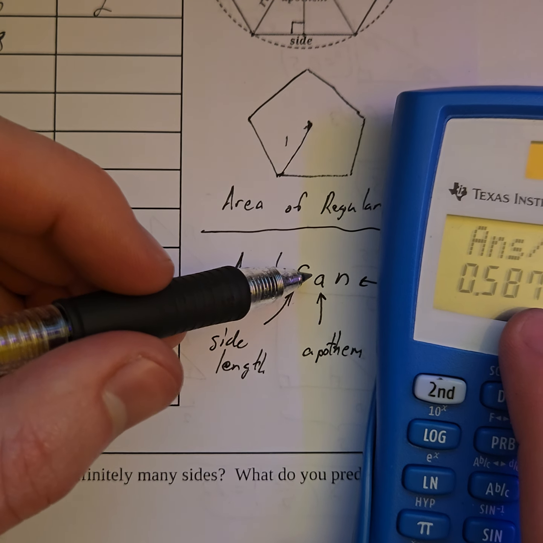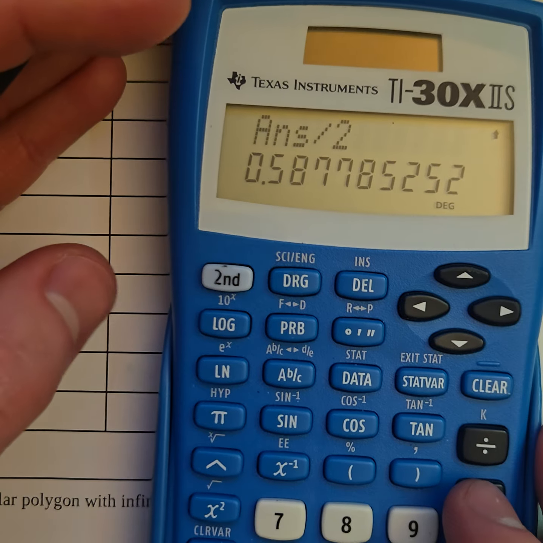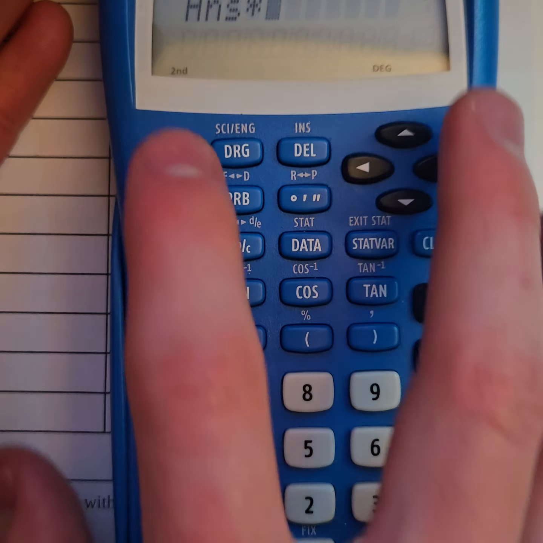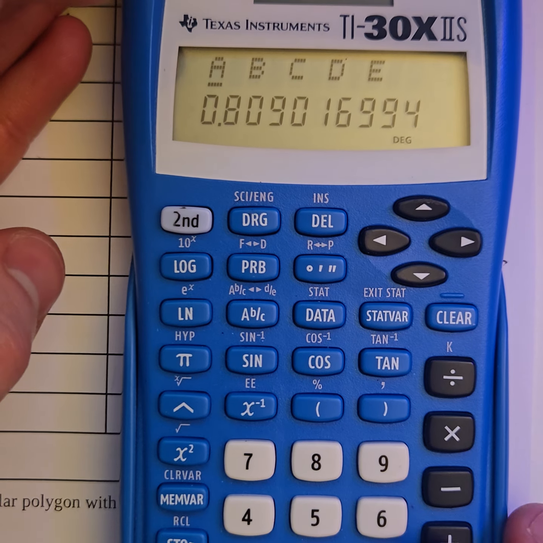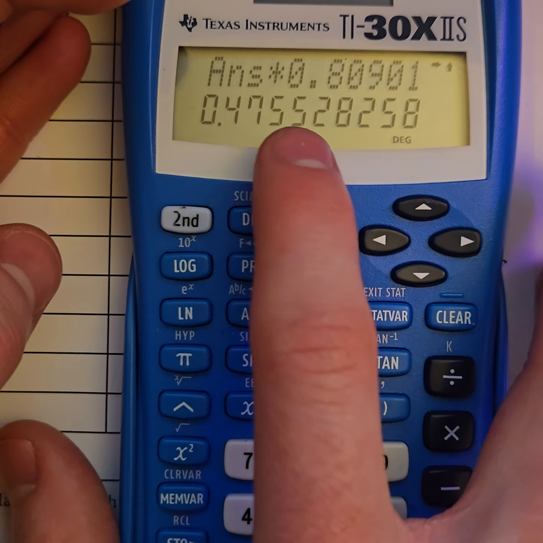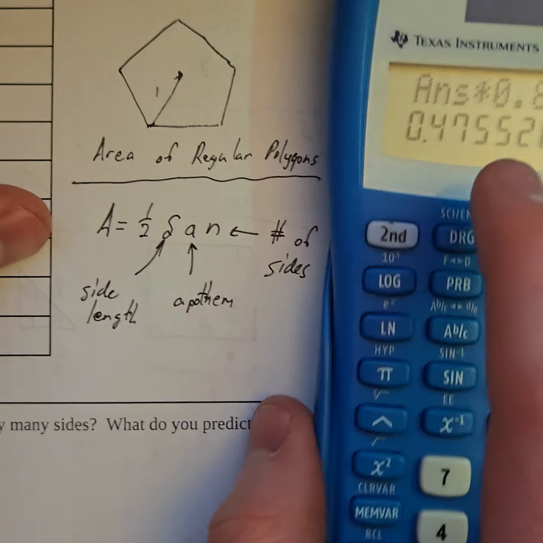We want to take that times our apothem, so I take that times the A value in my calculator. So second, and then recall, and I want my A value. I'm multiplying by that, so I get this number. And then I want to multiply by the number of sides, which is 5.